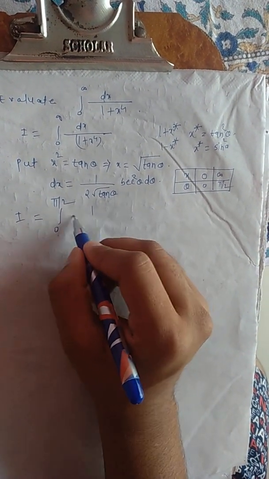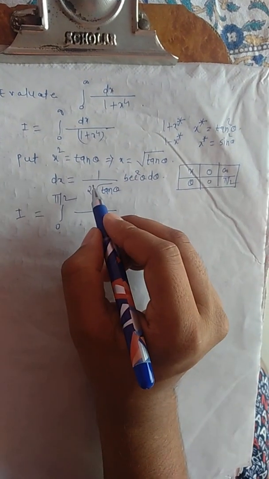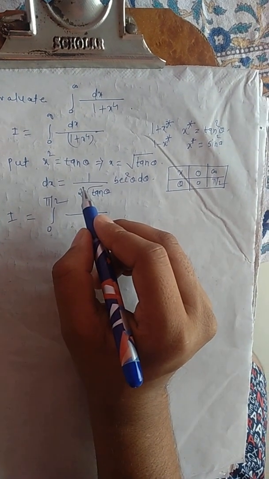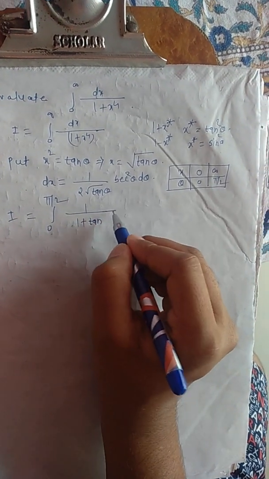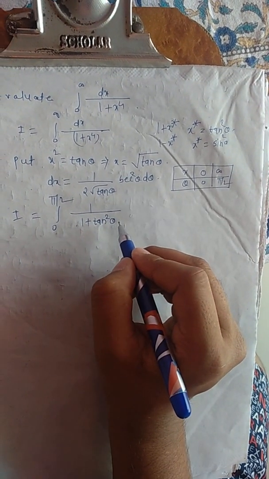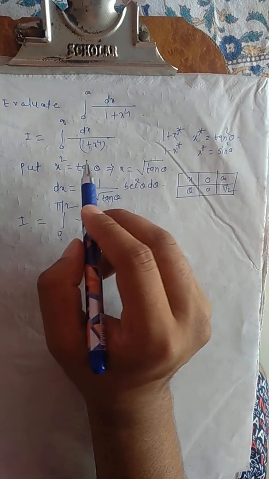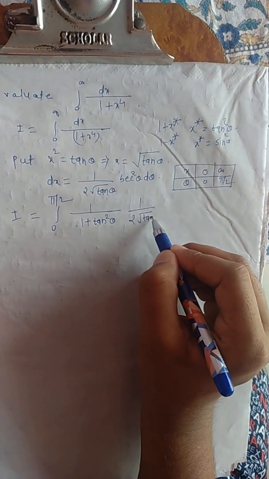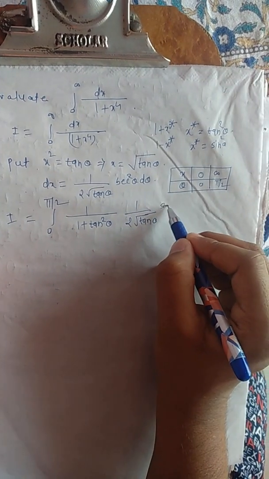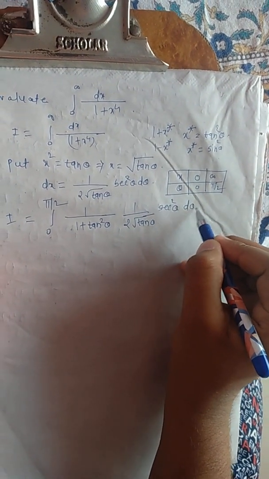Now 1 upon x raised to 4, that is x square whole square, becomes 1 plus tan square theta. Dx is equal to 1 upon 2 times root tan theta into sec square theta d theta.